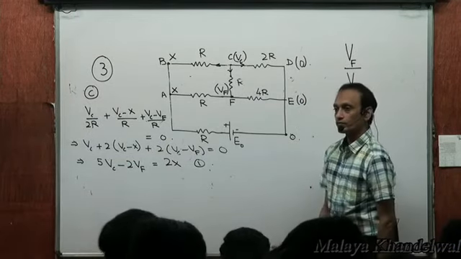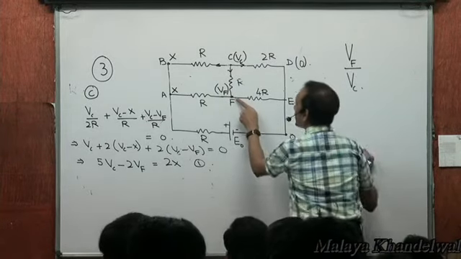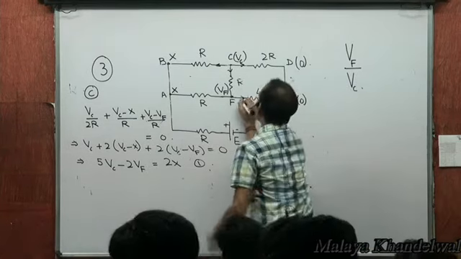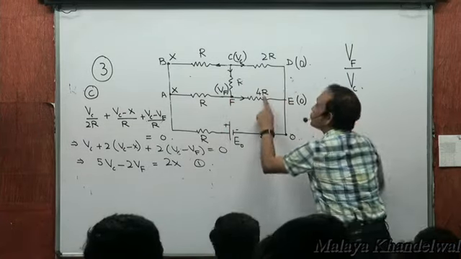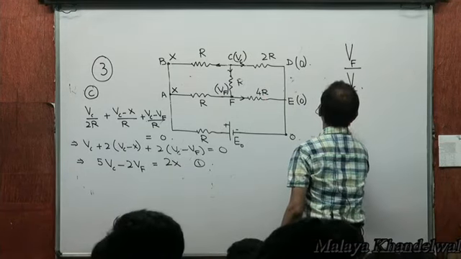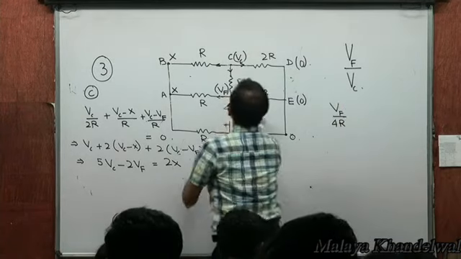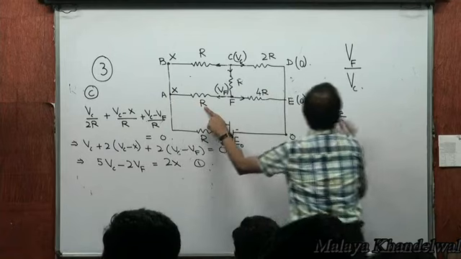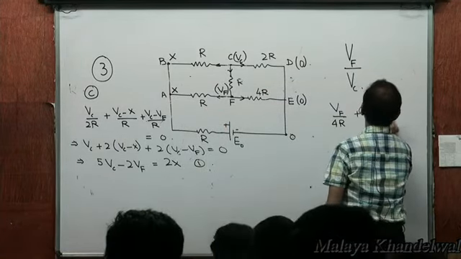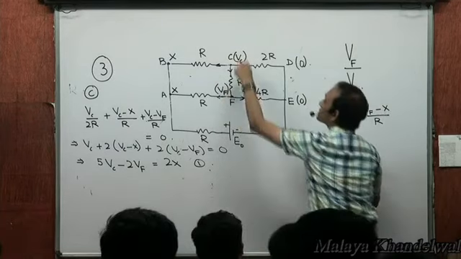Let's look at junction F. Now again, the algebraic sum of currents in all directions is going to be 0. What's the current in this direction? Vf minus 0 by 4R. What's the current in this direction? Vf minus X by R. What's the current in this direction?